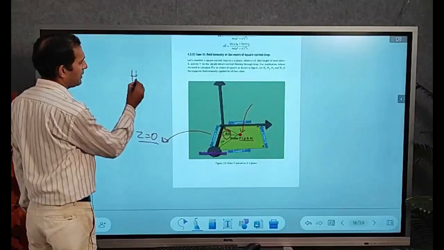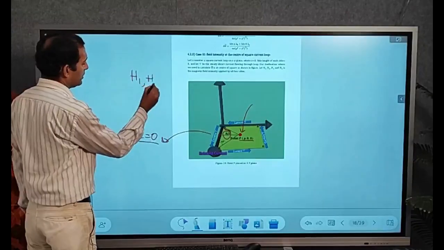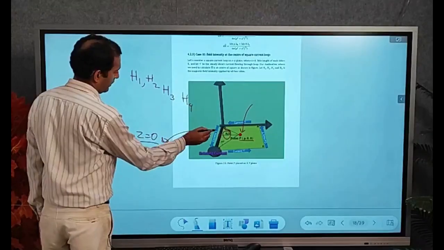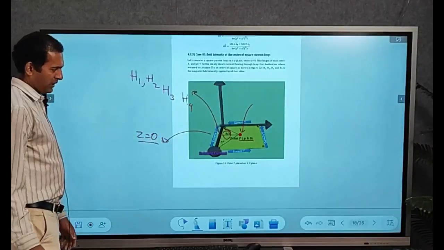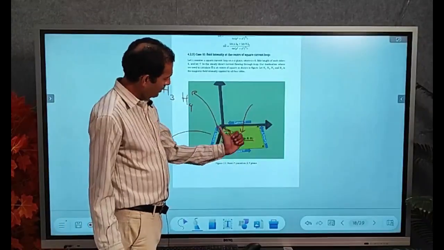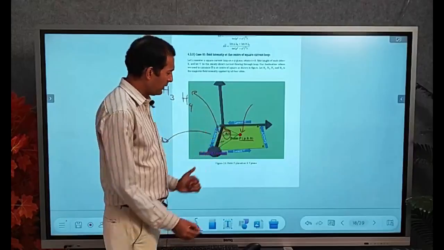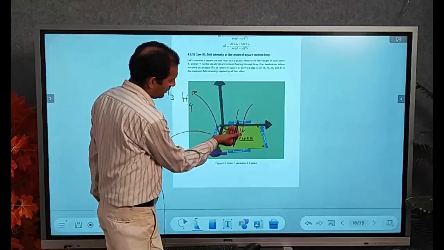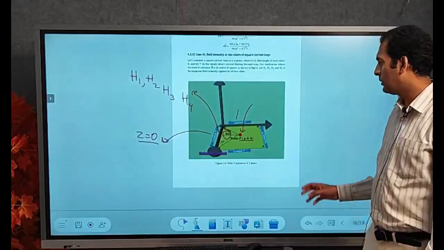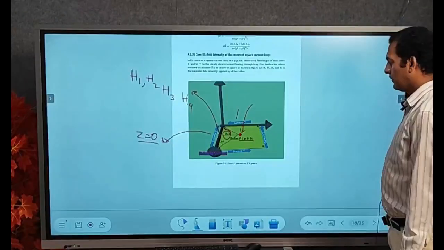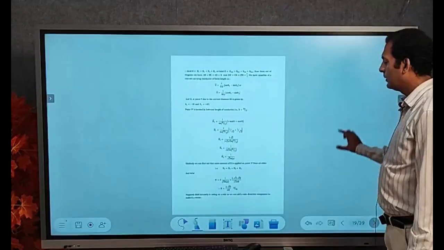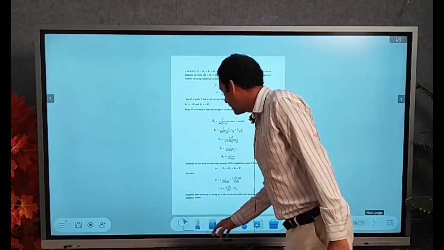So we can say we have H1, H2, H3 and H4 for all these different currents. Suppose the current is moving like this, the magnetic field lines will come outward. In a similar way all the different current carrying conductors will have a different direction for the magnetic field. So let us check how we will get it.